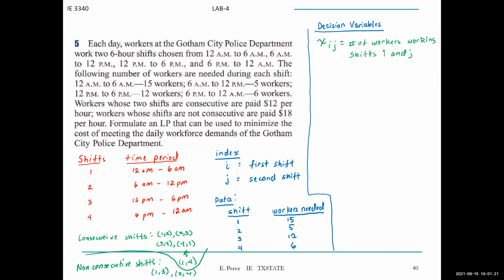So x12, x23, x34, x41, x13, and x24. Those are going to be my decision variables.